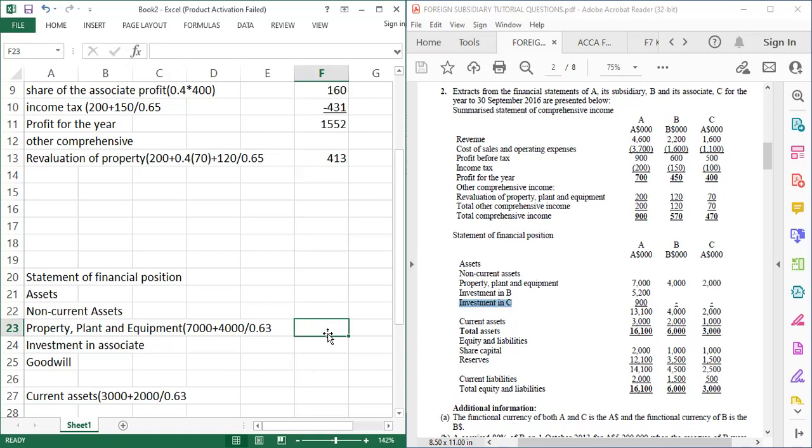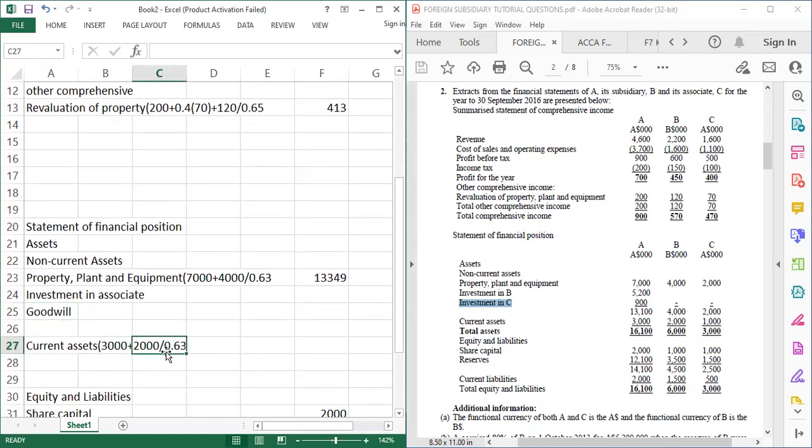Yeah, I'm getting 6349 plus 7,000, which is 13349. Okay. The investment in associate, we do calculation for it.